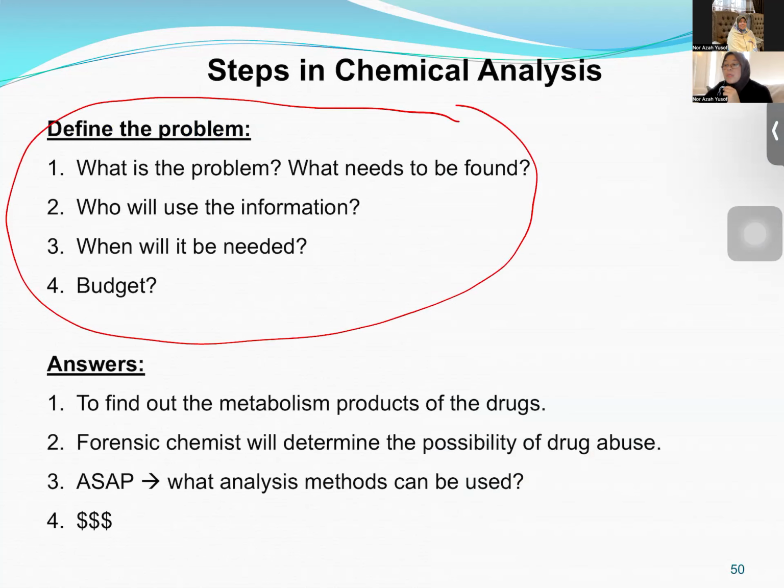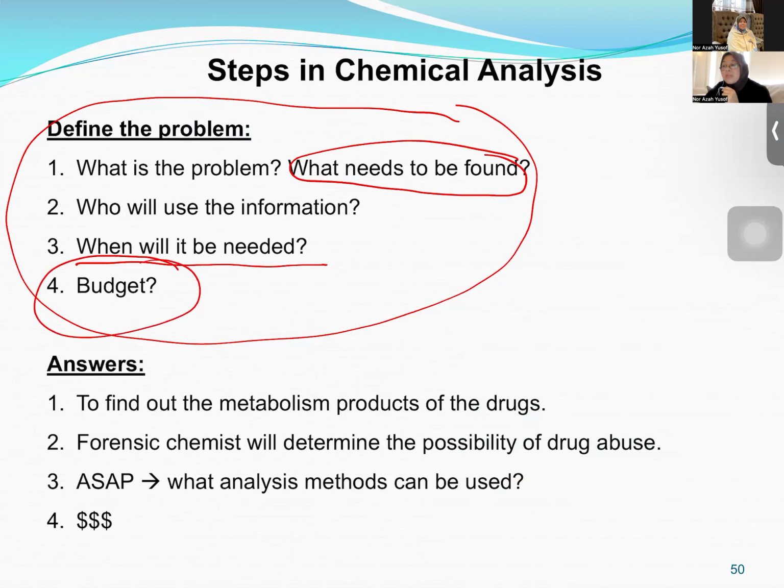Okay, this is of course very important. You want to analyze the drug, because there is a big possibility it is drug overdose. So when, how fast, budget means that your lab does have a very good technique, so it's fine.